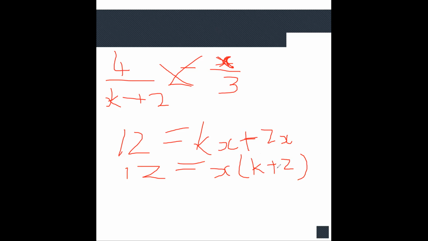Then you divide both sides by k plus 2. There you go. I was close to that, weren't I? You just have to learn to factor.